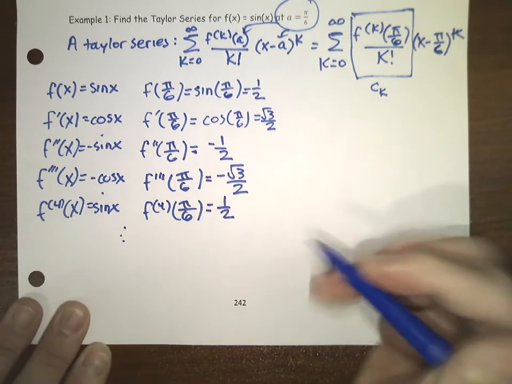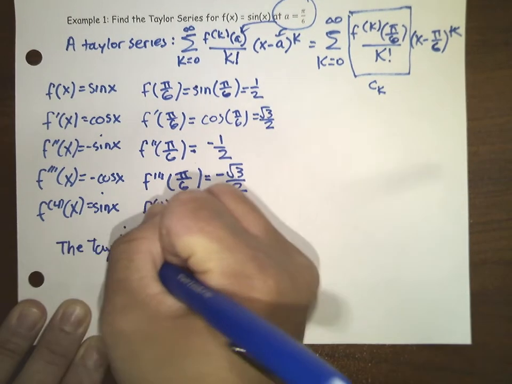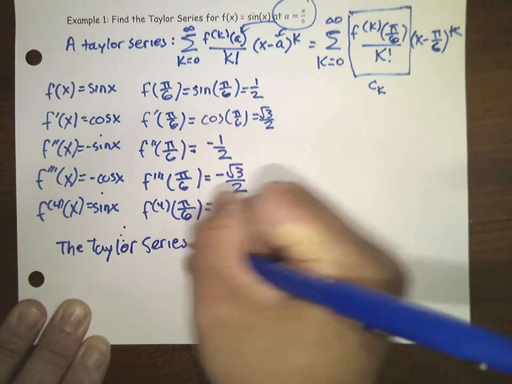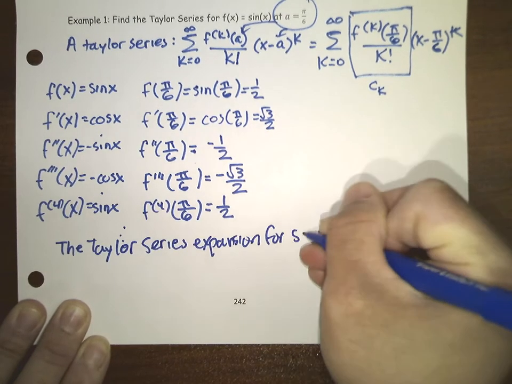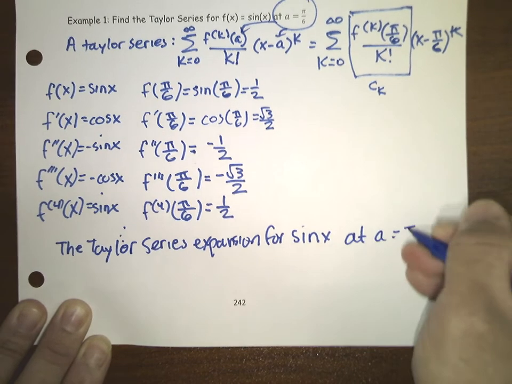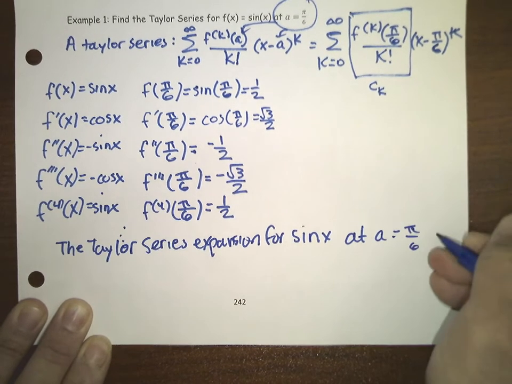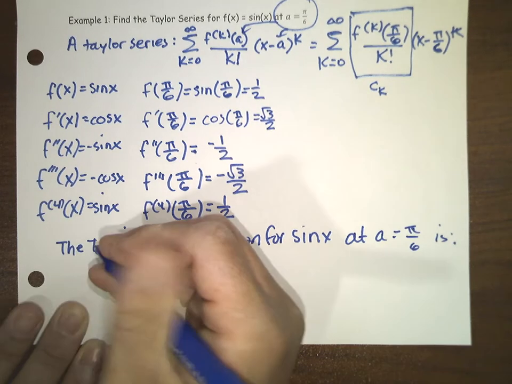All right, so the Taylor series expansion for sine of x at a equals pi over 6 is going to be, so here it is. We'll follow the formula.